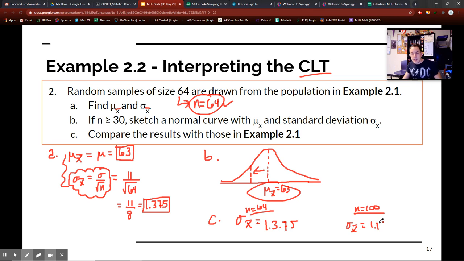Now here's the interesting part. Which one's greater? Clearly this one's greater. But why? Think about it.